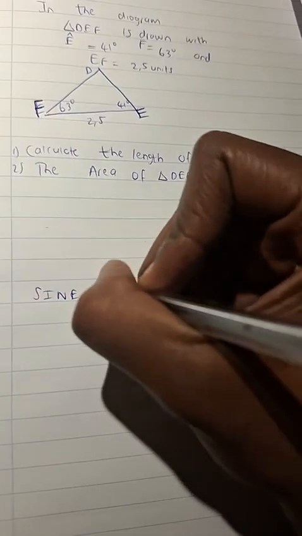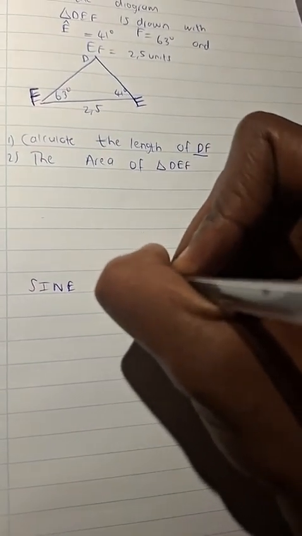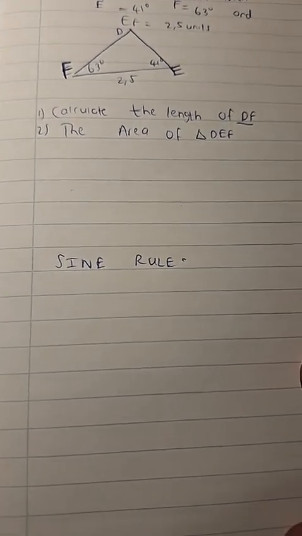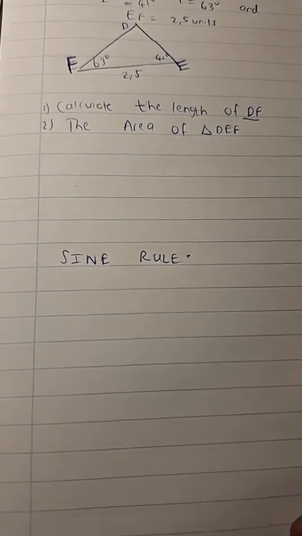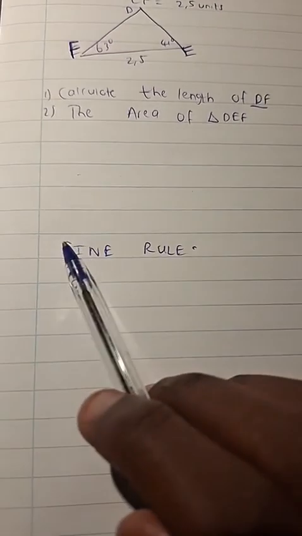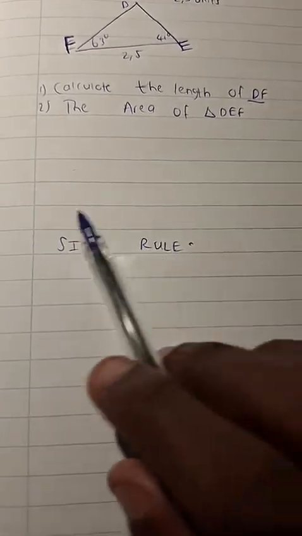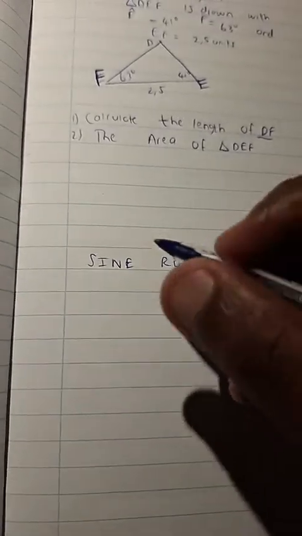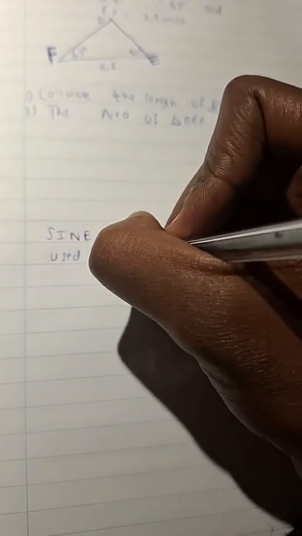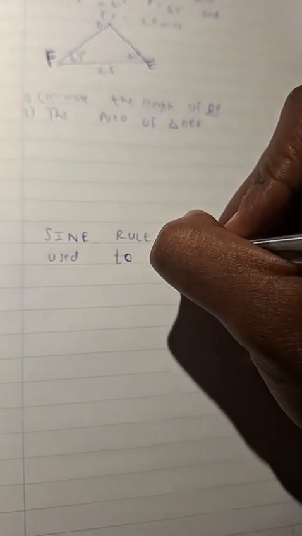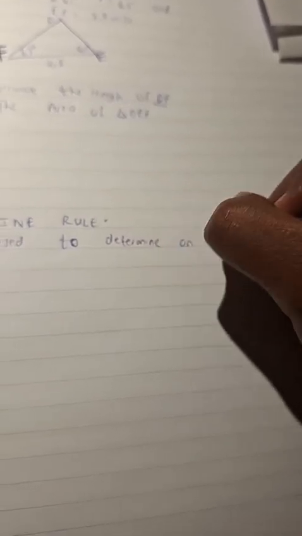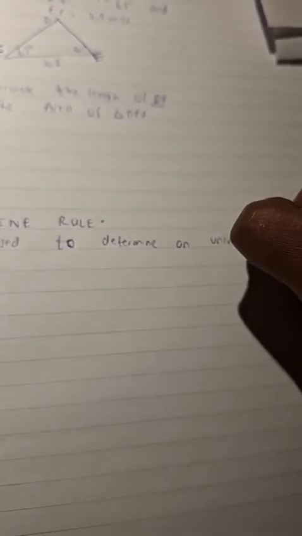So we have 3 rules that we can use to solve non-right angle triangles. The first rule is called the sine rule. Okay. What is the sine rule? It is basically used to what? To determine an unknown length in a non-right angle triangle.